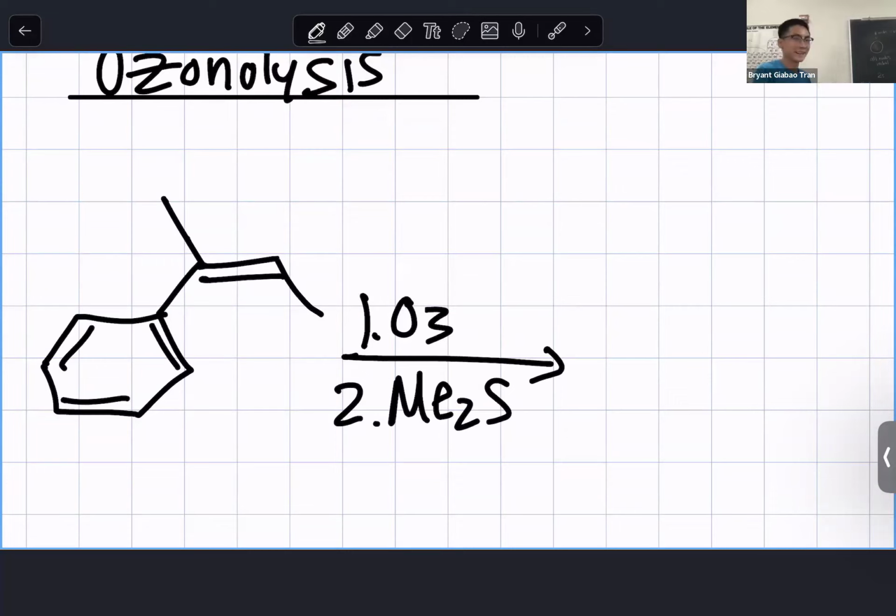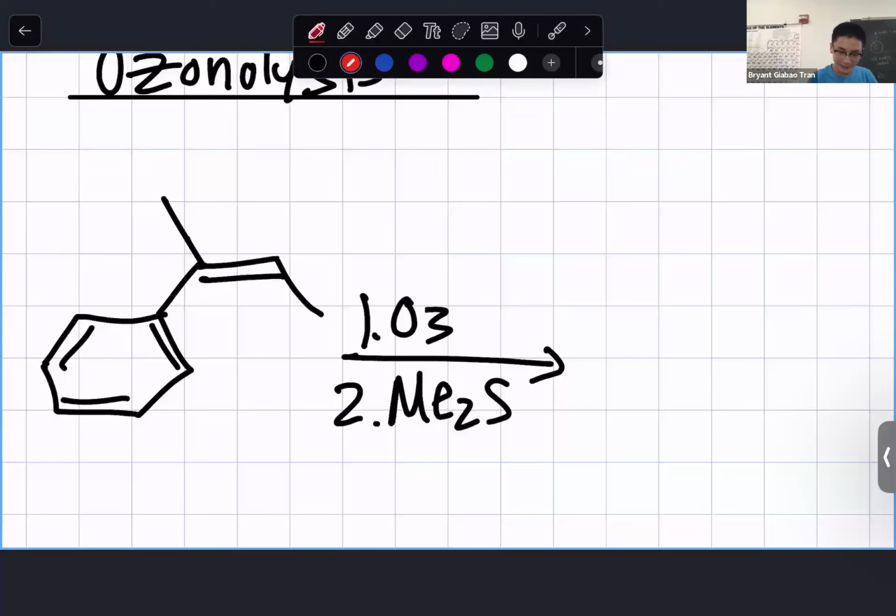What will happen here? Do we cut all the double bonds in the structure? Yeah, we don't touch the benzene ring at all because the alkenes in the benzene ring are aromatic, conjugated, and stable, unreactive. We can cut this double bond though, that is not in the benzene ring, right? So we're going to cut this double bond in half and put oxygens in the middle like that.